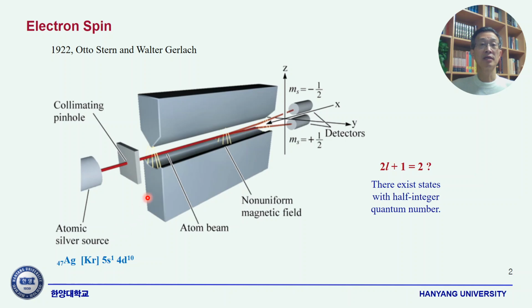So magnetically it has a unique, non-differentiated state in this case, but it is differentiated, meaning it tells us that there are 2 states. So there is another coordinate or quantum number associated with this 47Ag 5s1 electron.